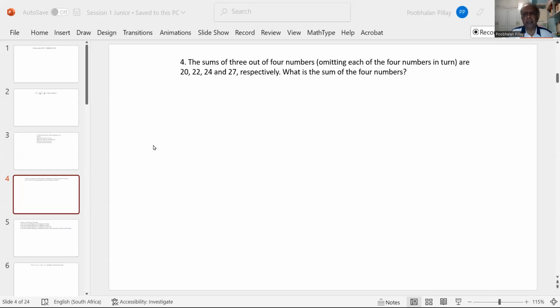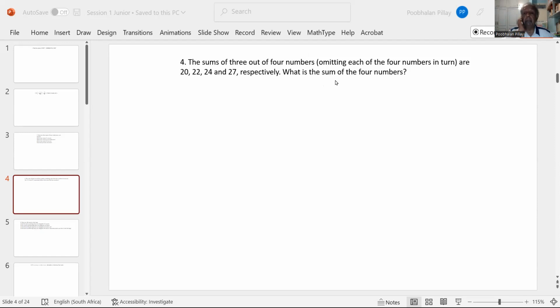The sums of 3 out of 4 numbers, omitting each of the 4 numbers in turn, are given: 20, 22, 24, 37. Each represents the sum of 3 numbers out of 4. When you add those 3 numbers, you're going to get these answers. Right? But there are 4 numbers. And the question is, what is the sum of the 4 numbers?